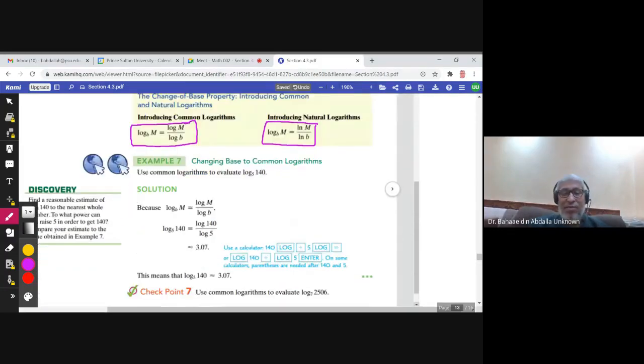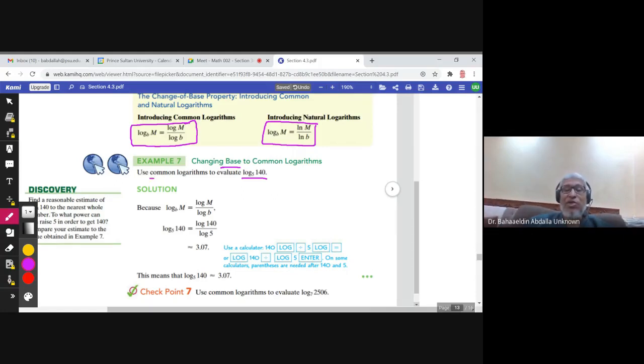I mean, there is a button in the calculator to evaluate this, okay? You don't have to use it. You can use the change of base to change this to one of the other buttons, because there is a button for log and there is a button for ln. So you can change log base 5 of 140 to ln 140 over ln 5.